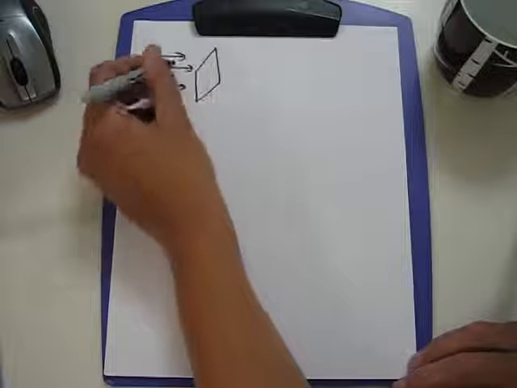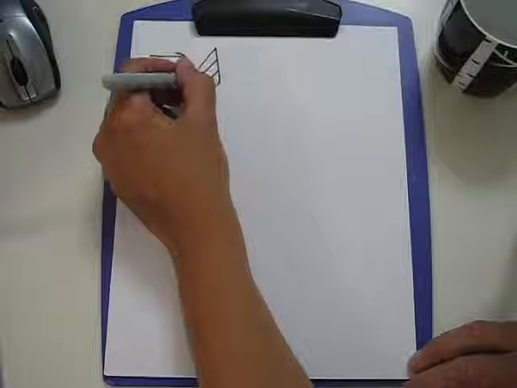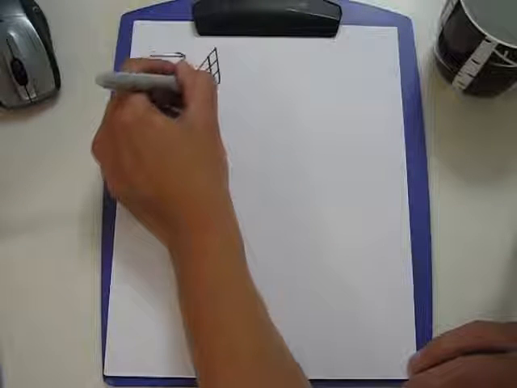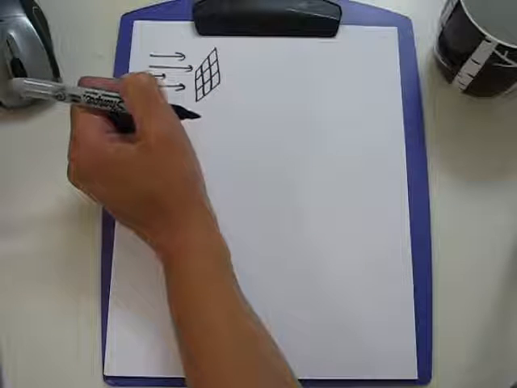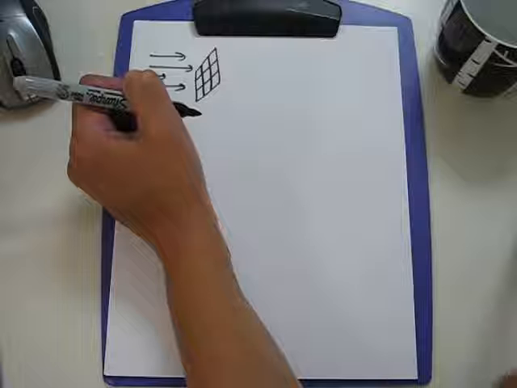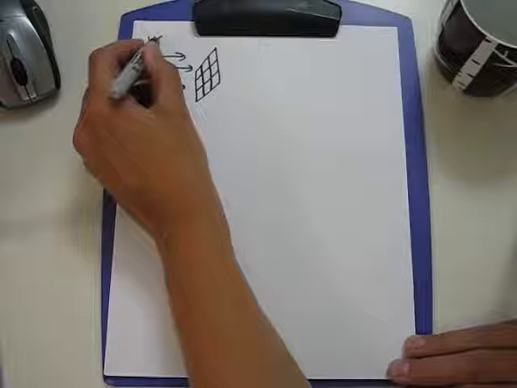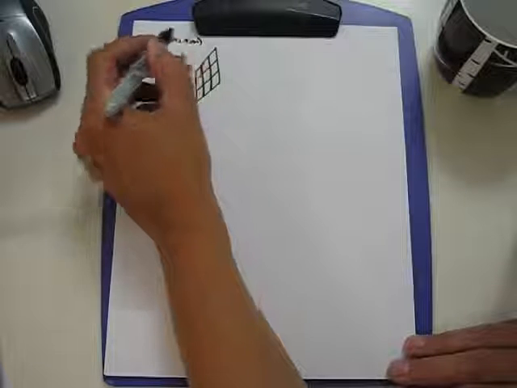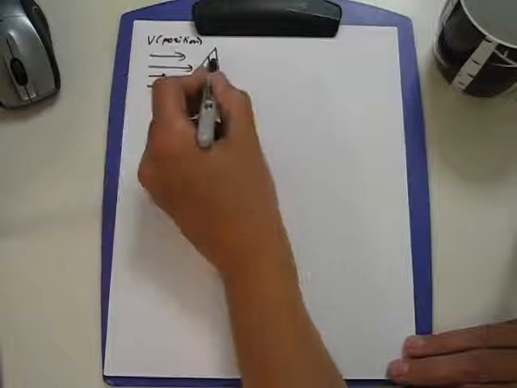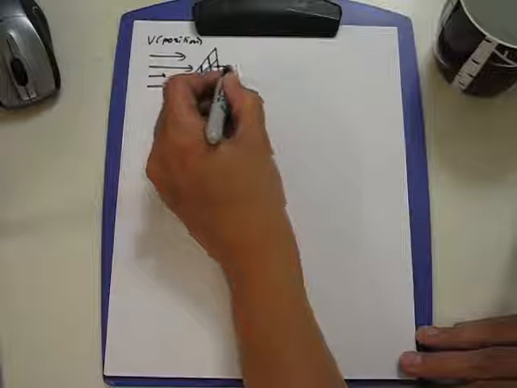So in order to take into account all these variations in velocity, we need to divide our cross-sectional area into little pieces over which the velocity is constant. And then it becomes the previous problem. So we have this velocity as a function of position. And now we just add up the contributions in each of these 9 squares, for instance.